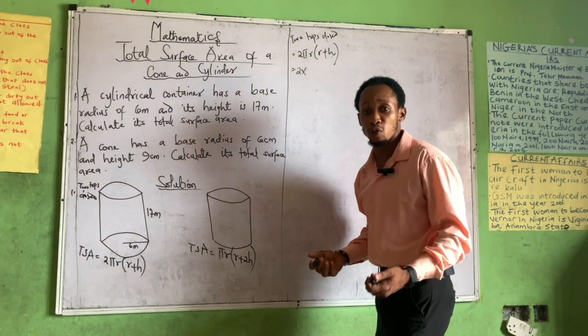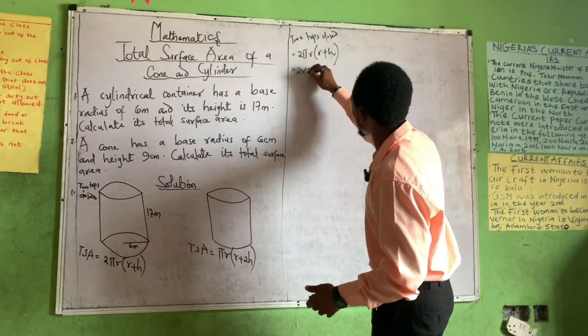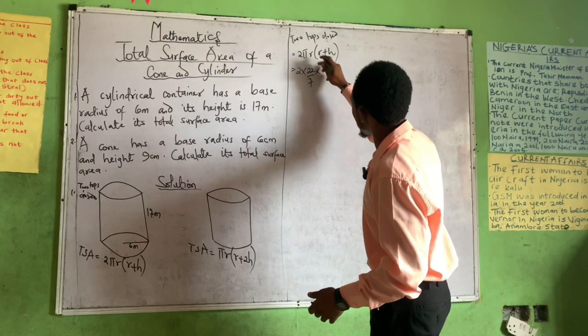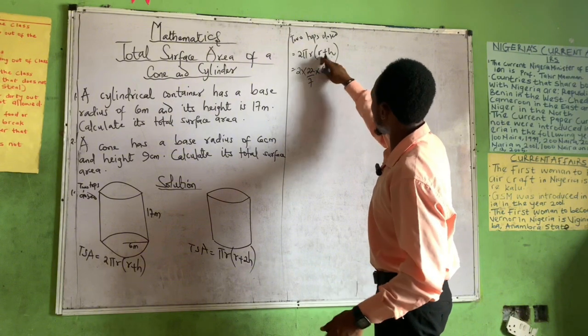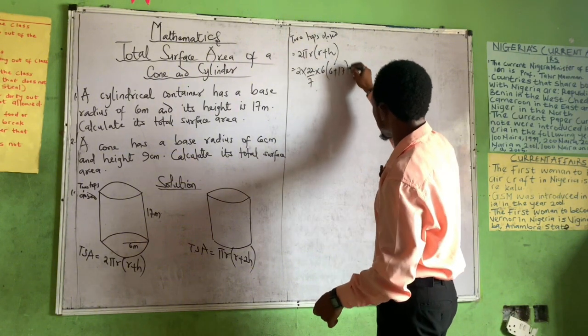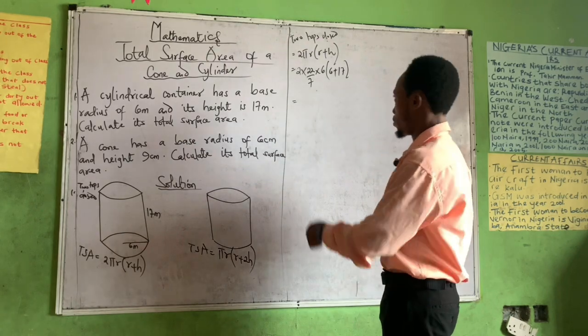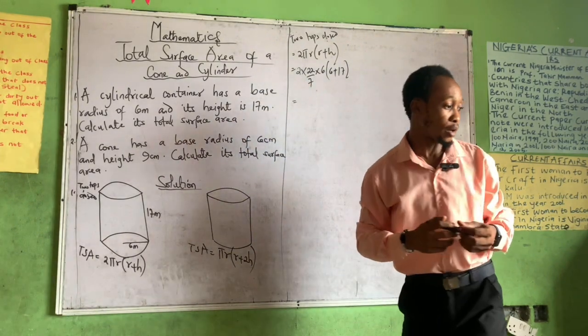You know your pi to be 22/7, that's a fixed value, or 3.142. So we have 22/7 times the radius here, which is 6, then we also have 6 plus our height, which is 17. So we can multiply everything here together. Let me get my calculator.